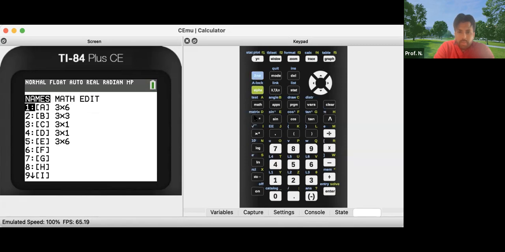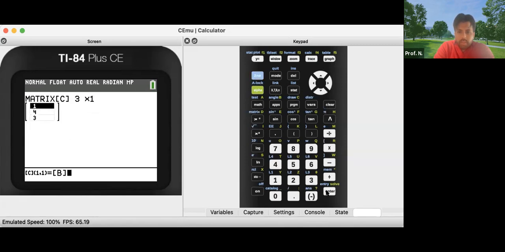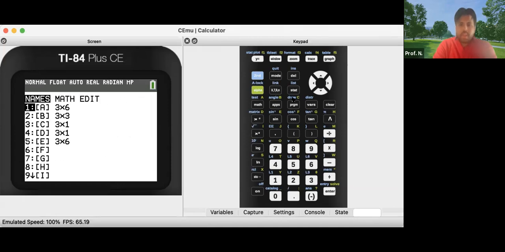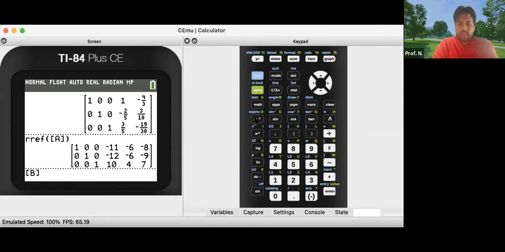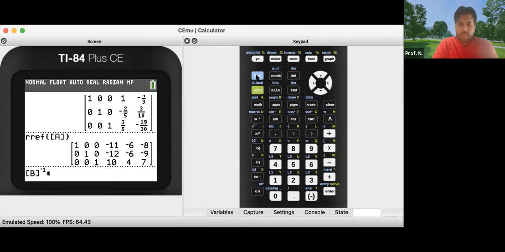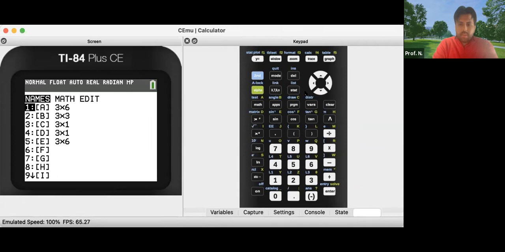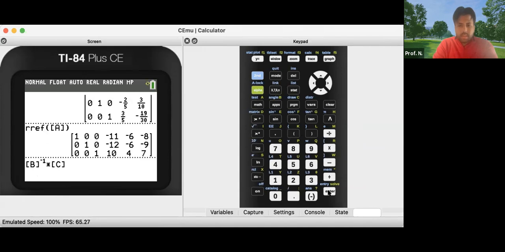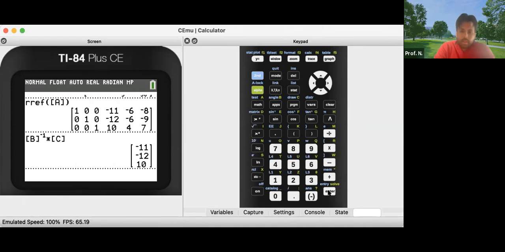So when I perform the matrix multiplication of the matrix and I multiply that by the column vector C, look what I get. I get exactly that. So that's right.